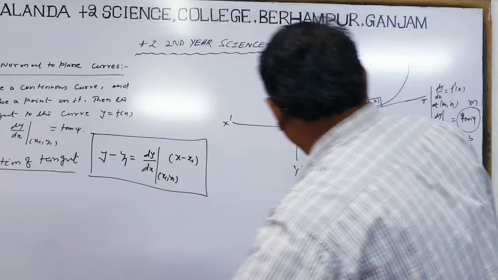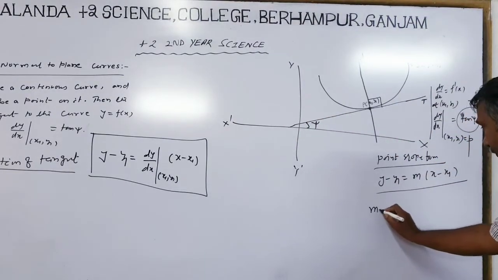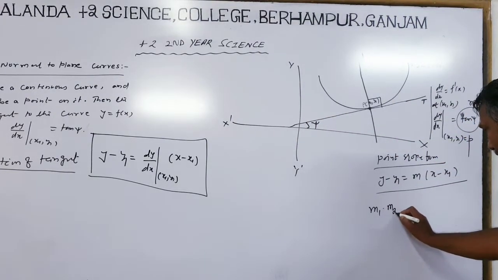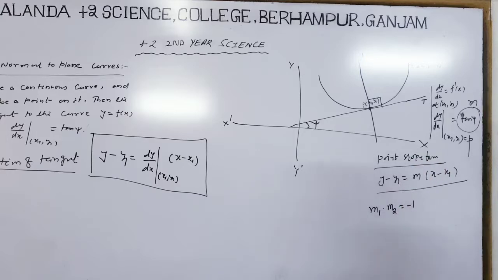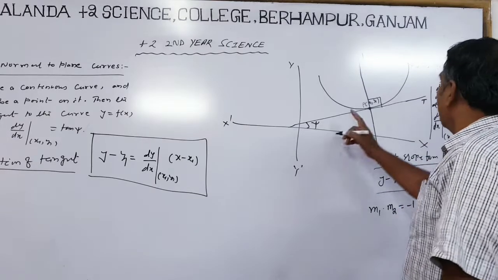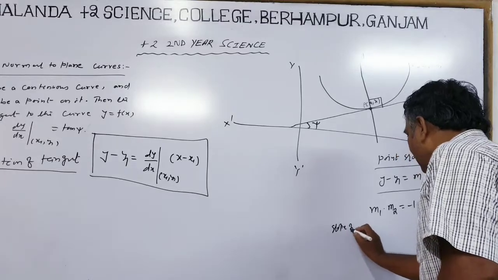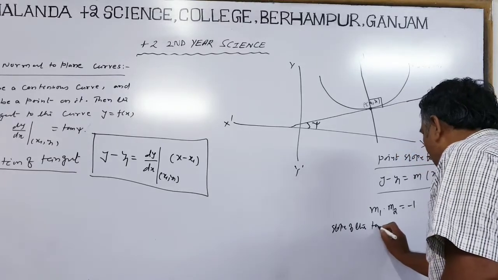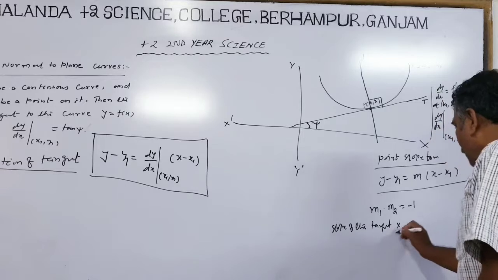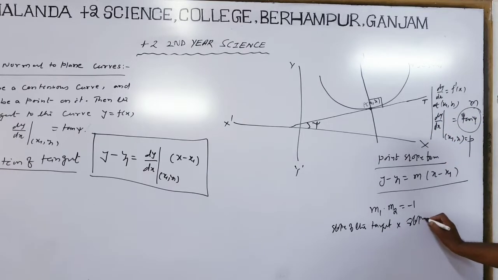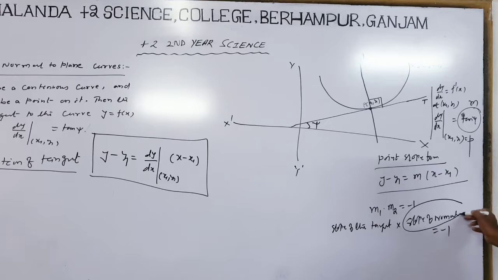We know that m1 into m2 equal to -1, or you can write slope of the tangent into slope of normal equal to -1. So slope of the normal equal to how much?